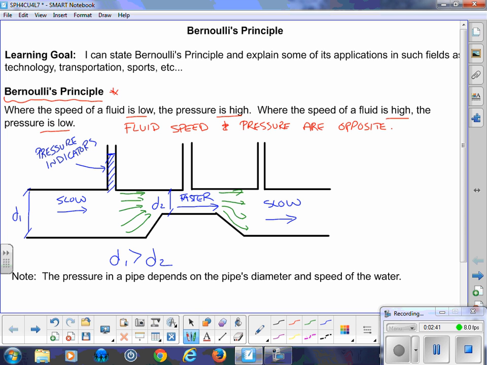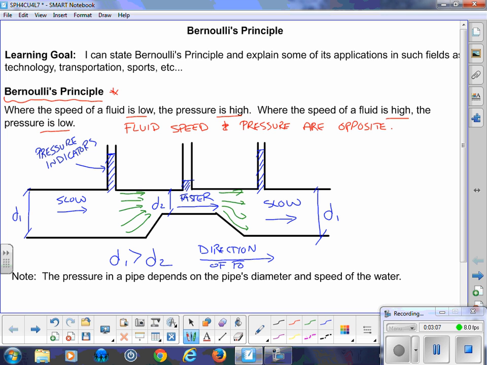If this diameter is the same on this side, this is also a D1, the pressure will be the exact same. In that faster region, based on Bernoulli's principle, pressure is going to be much, much lower. All right. So this is my direction of flow. That's to the right, as indicated by all the arrows in there.